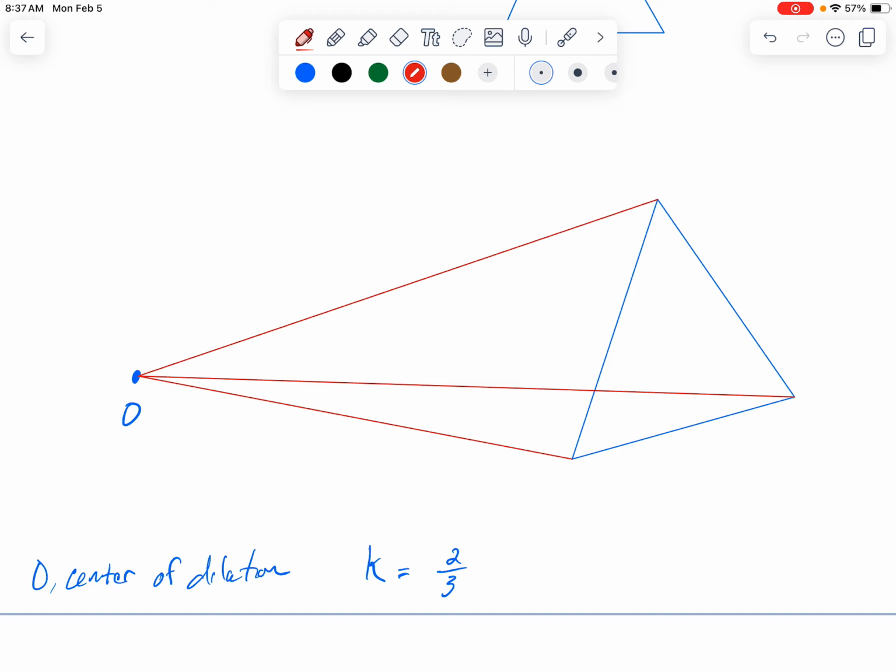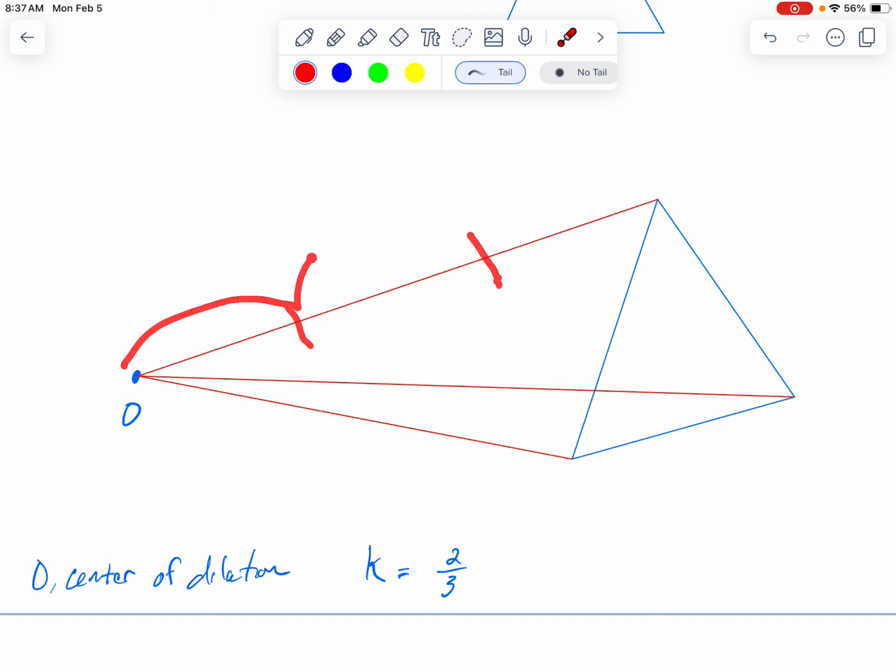So already, just thinking about this before I do any measuring or calculations, if this is going to be 2/3 of the size, what I'm thinking right away is I'm going to take this distance and cut it into thirds. So it's going to be something like this. And my new figure is going to be 2/3 of the original.